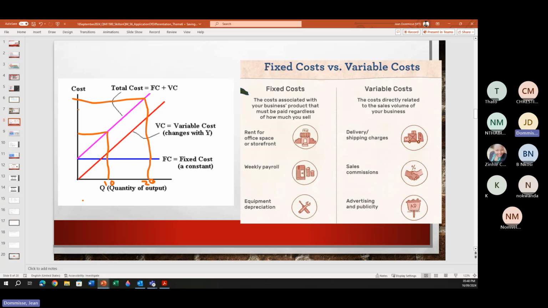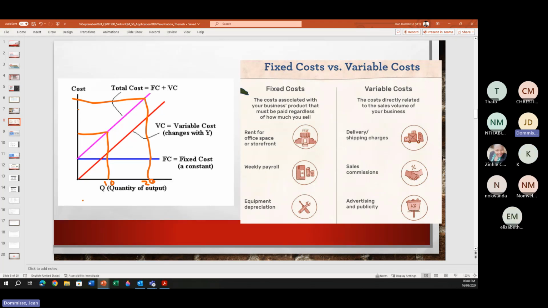but for 20 chairs you might pay more. Okay, so that is where variable cost comes in: those things that you're not 100% sure what the costing will be become a variable cost.